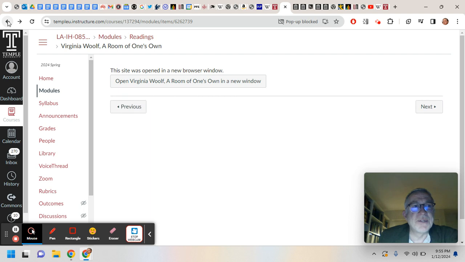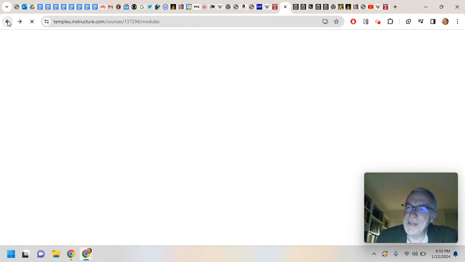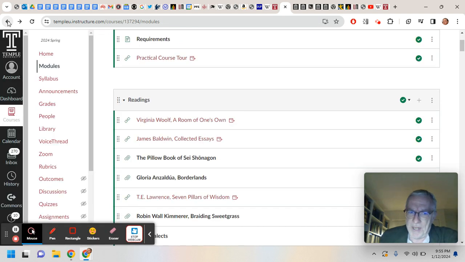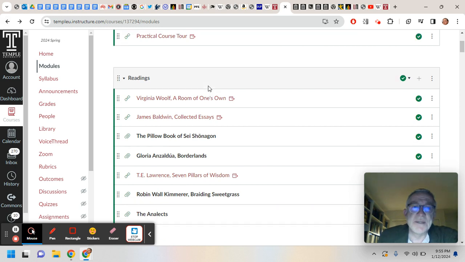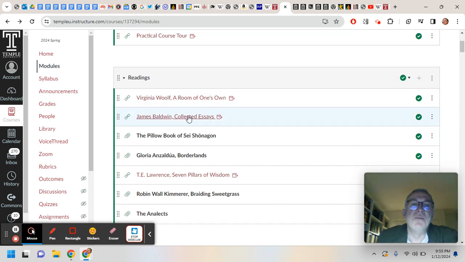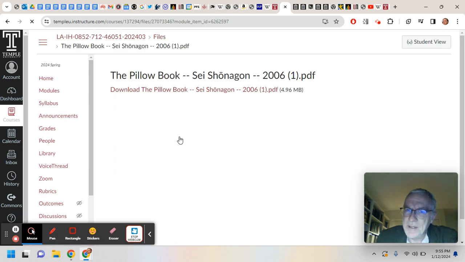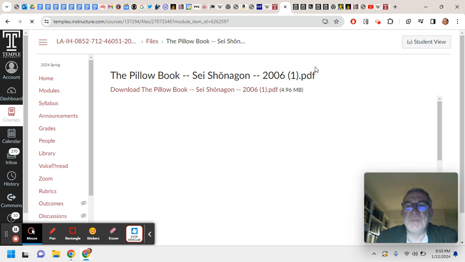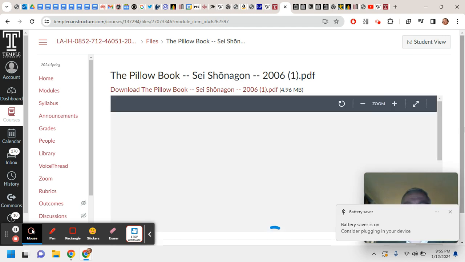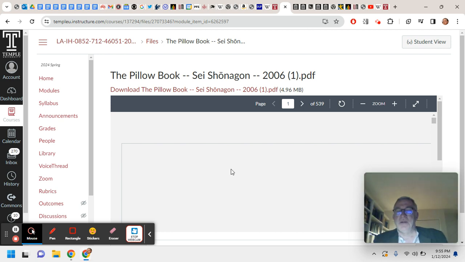Those are the two books that I would say I know the most about. Some of these things I'm still familiarizing myself with. For example, the Pillow Book of Sei Shonagon, which is, I think, 11th century Japan. That is, Sei Shonagon was an aristocratic Japanese woman from, I think, the 1000s, the 11th century in Japan.